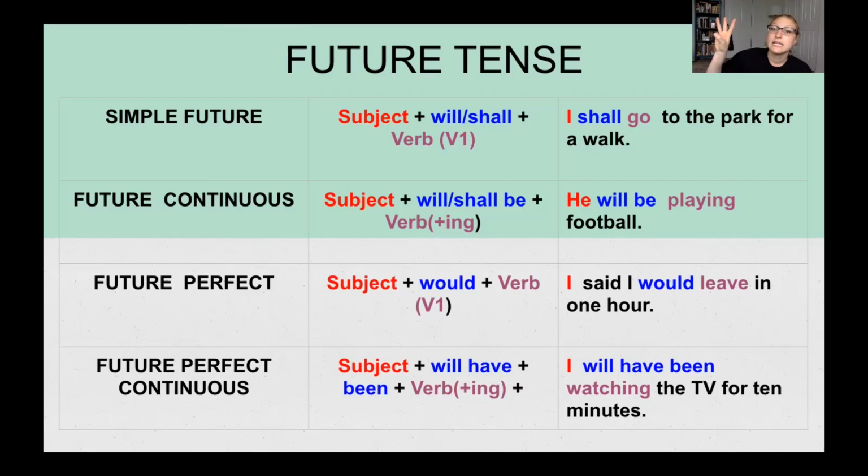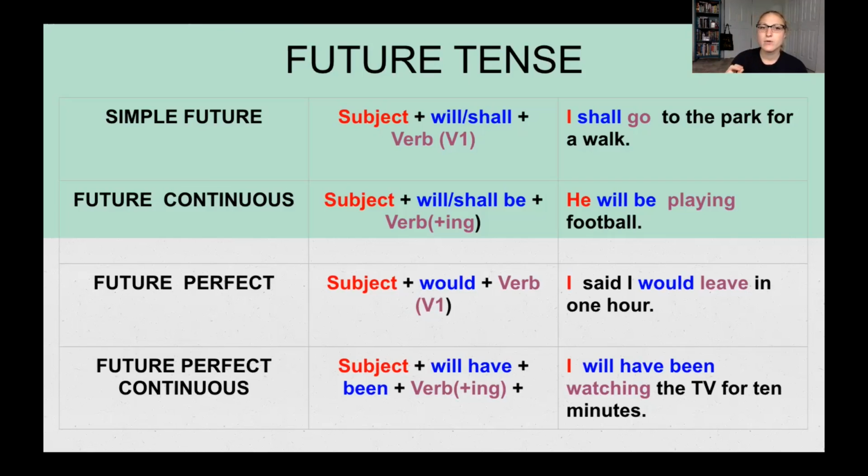So he will be playing football. We don't know if he has been playing football, but we know that he will be. That's why this is continuous, because it's still happening. Anything continuous normally has that still happening tense of continuous.